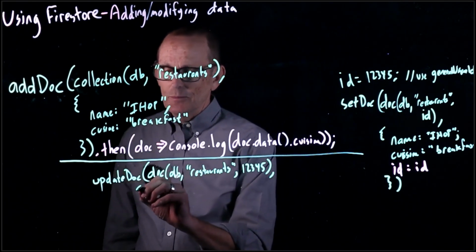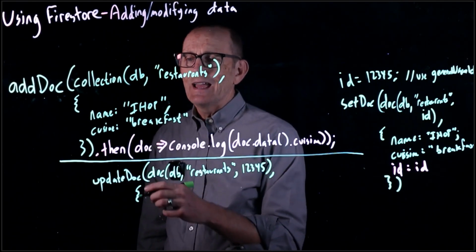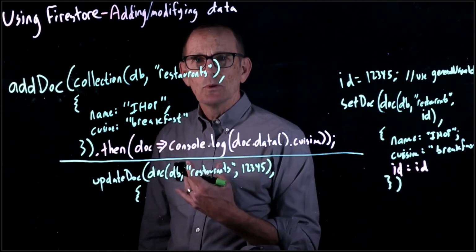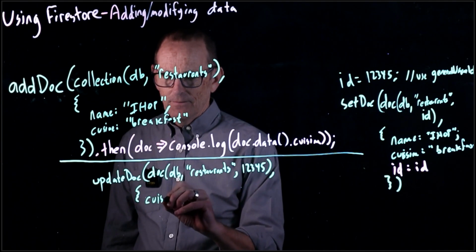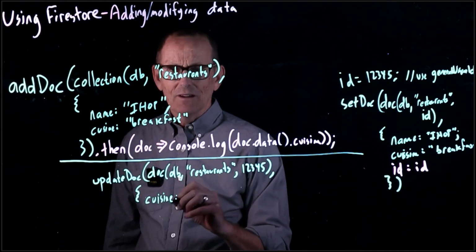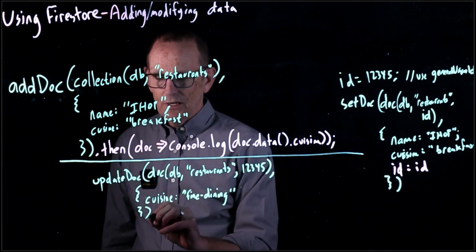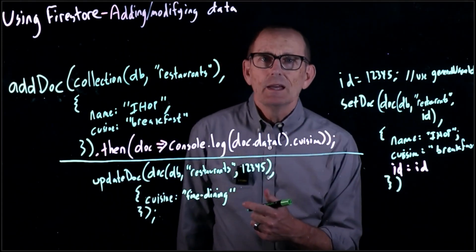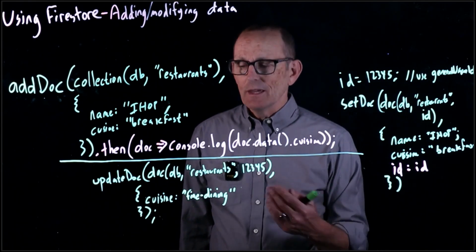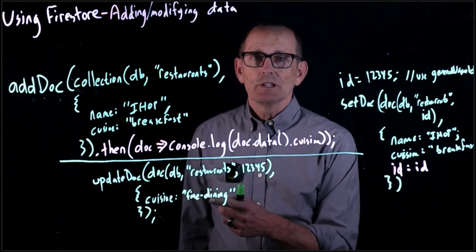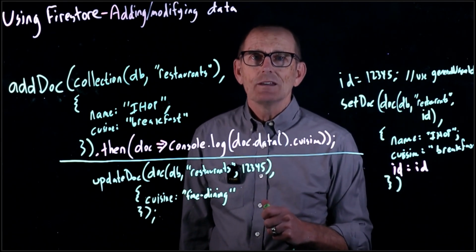So we want to update a particular field. Let's say we want to update the cuisine. So we've decided IHOP, the International House of Pancakes, is really more a fine dining cuisine. So, if they change their focus a little bit. We are just putting one field here. What will happen then is all the remaining fields will still be there, and we'll modify this one field. This allows us the ability to modify or to add fields.